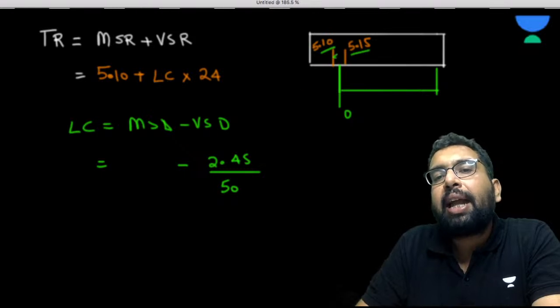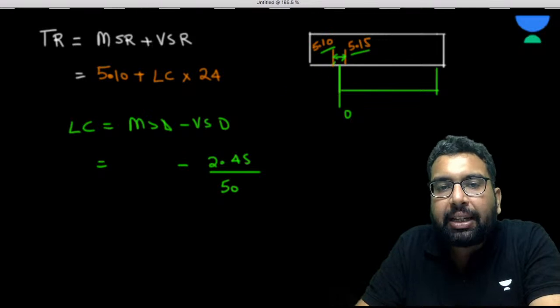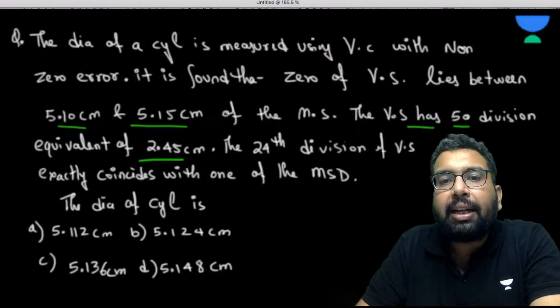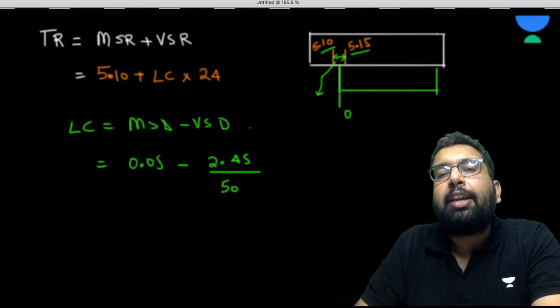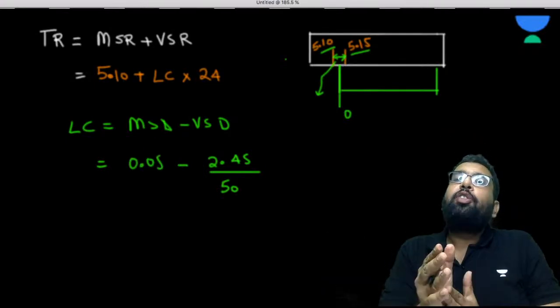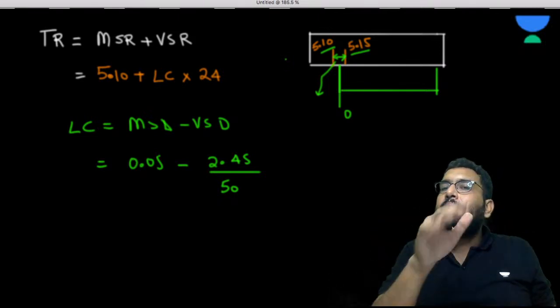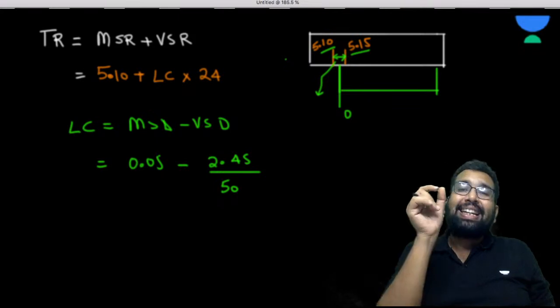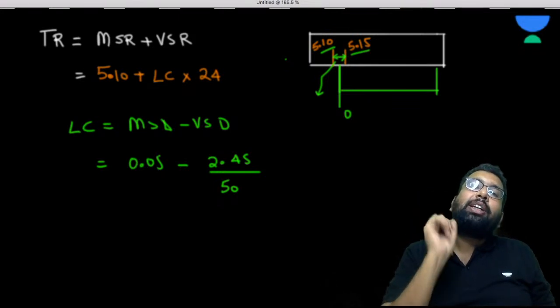Now please understand this. This is the main scale division, so it is going to be 0.05. See, 5.1 and 5.15, that means the next reading would be 5.20, another reading would be 5.25. So each division is of 0.05 centimeter.